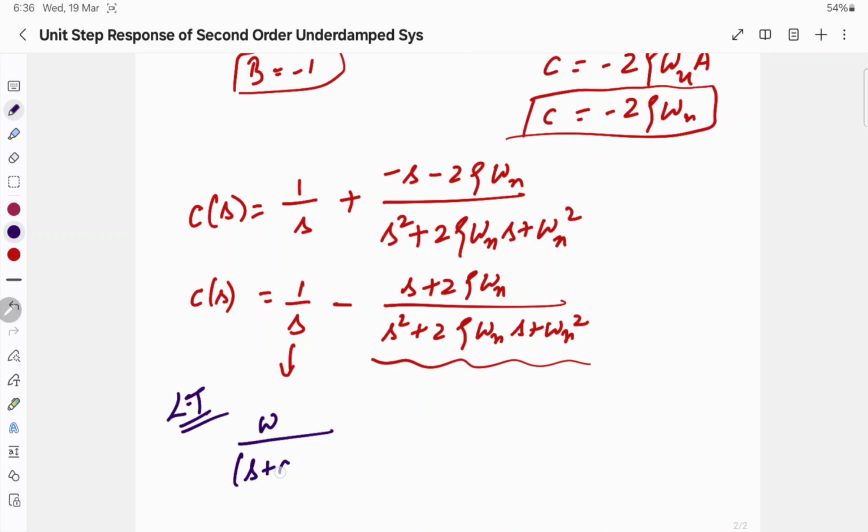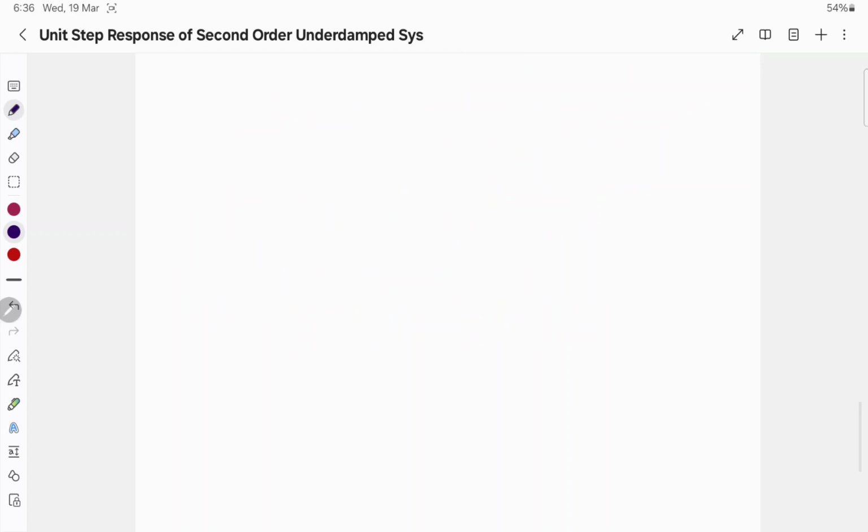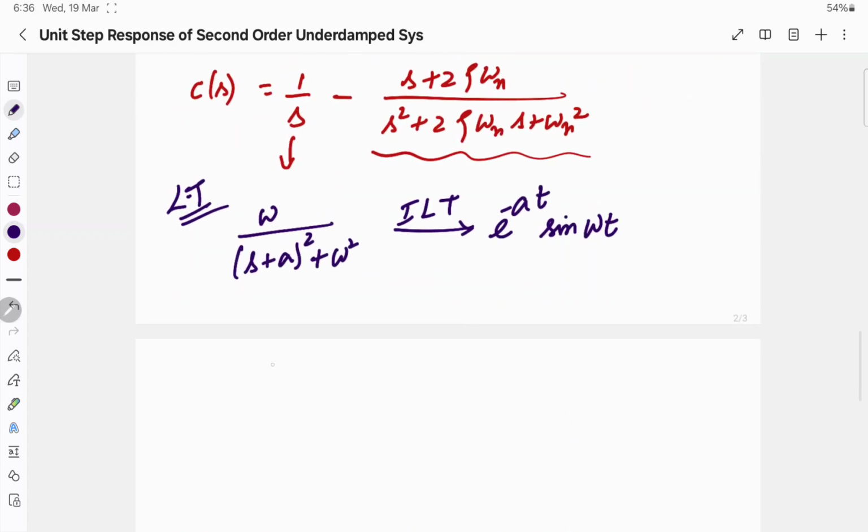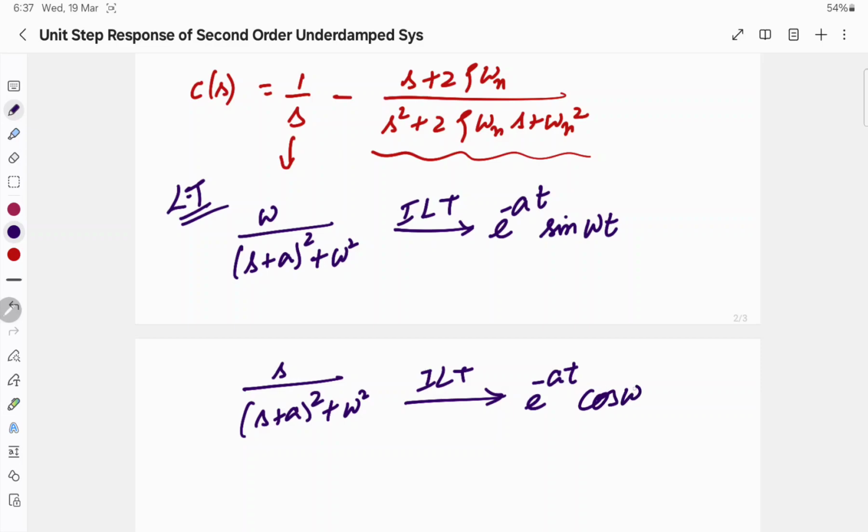Omega by s plus a square plus omega square: the inverse Laplace transform would be e power minus at sin omega t. And there is another expression, s by s plus a square plus omega square. For this, the inverse Laplace transform is e power minus at cos omega t.